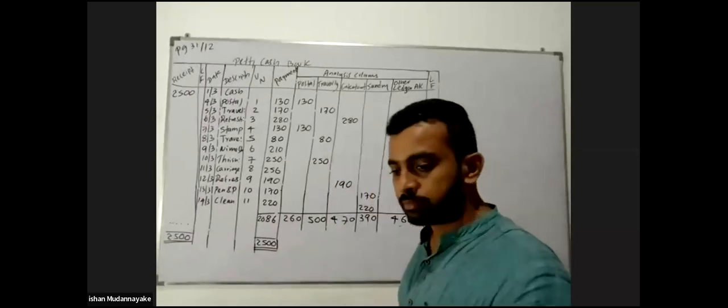Remaining cash balance in the petty cash how much? 440. Yes, remaining cash balance 440.